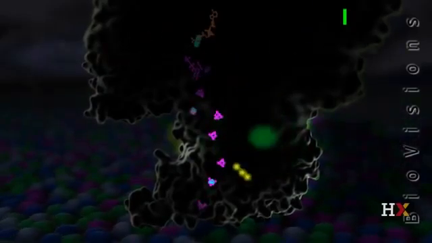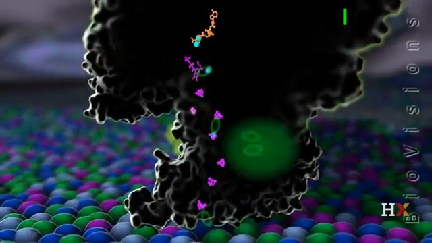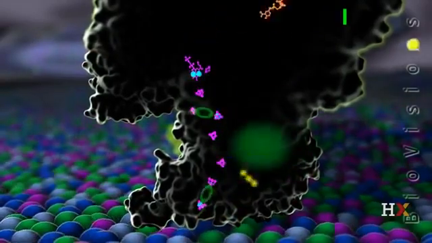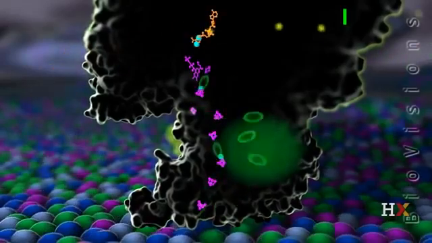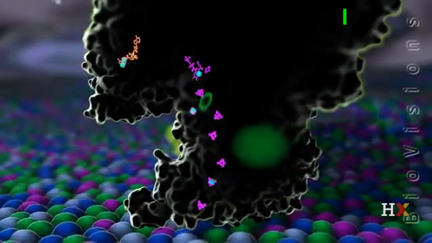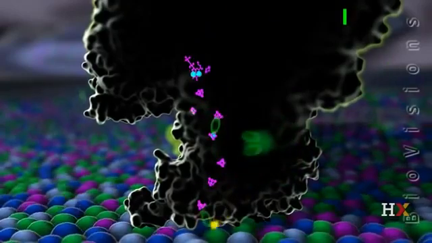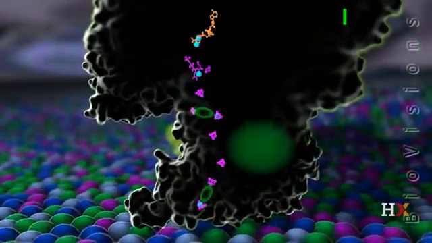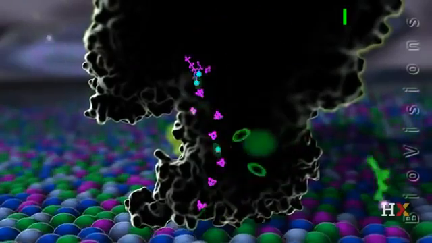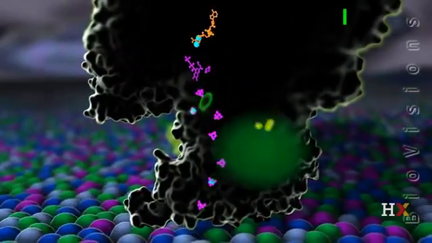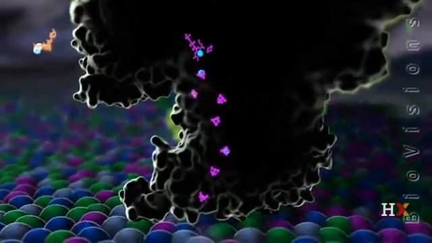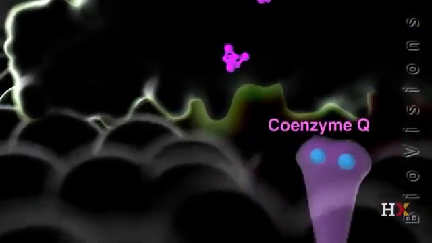Complex 1 harnesses this energy across all the redox centers and uses it to pump protons. The last redox center in complex 1 donates 2 electrons to a coenzyme Q molecule.